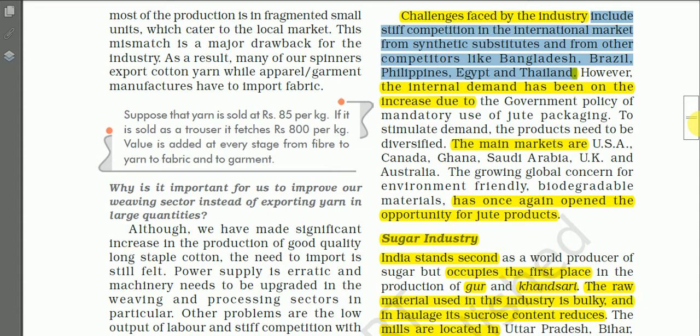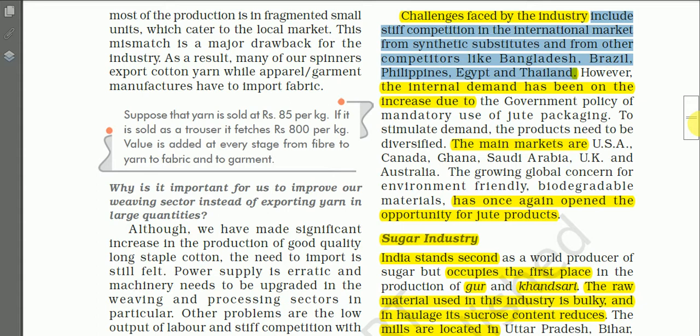So we have two main challenges faced by the jute mills in India. Number one, stiff competition in the international market from the synthetic substitute. That means plastics. There was a time when people preferred to use plastic bags.